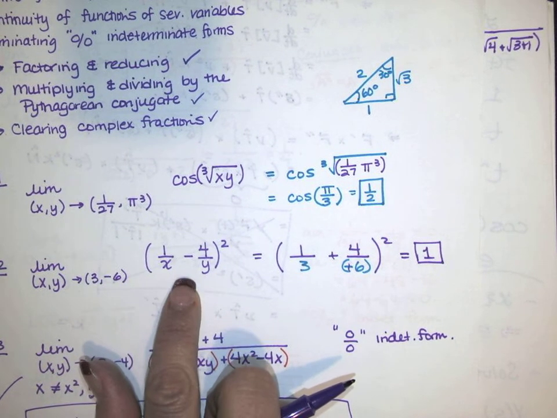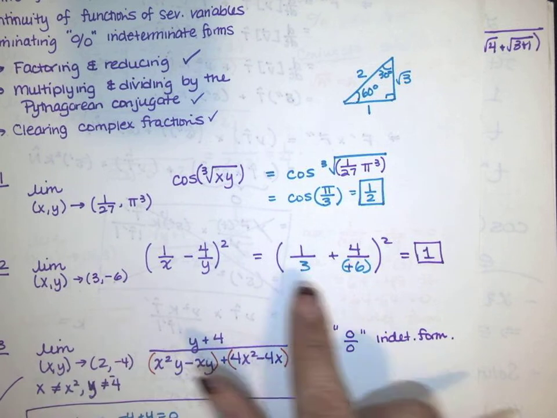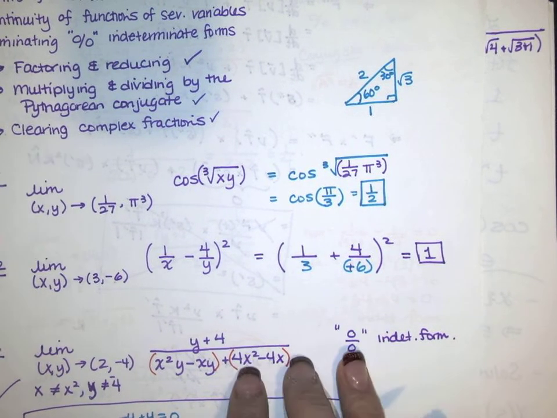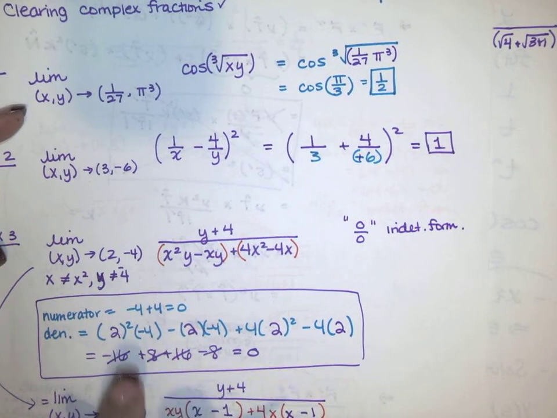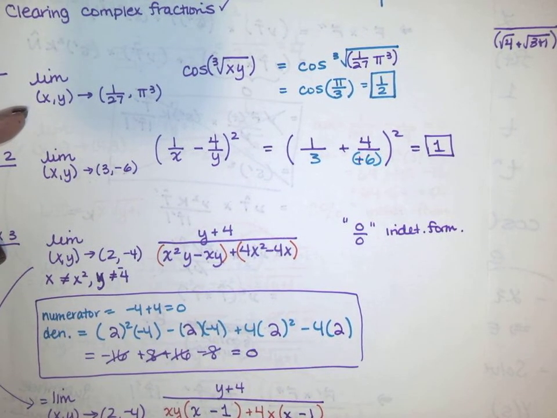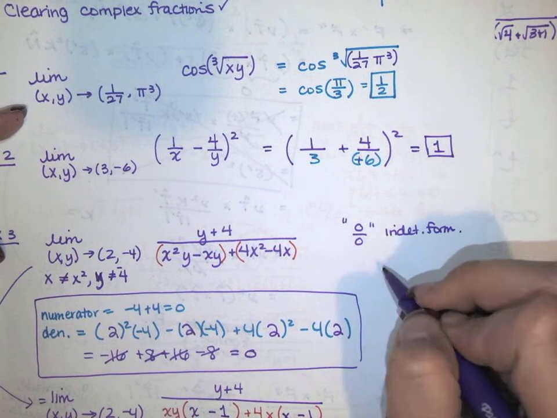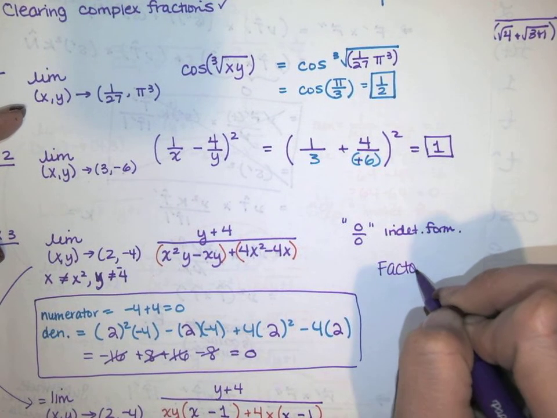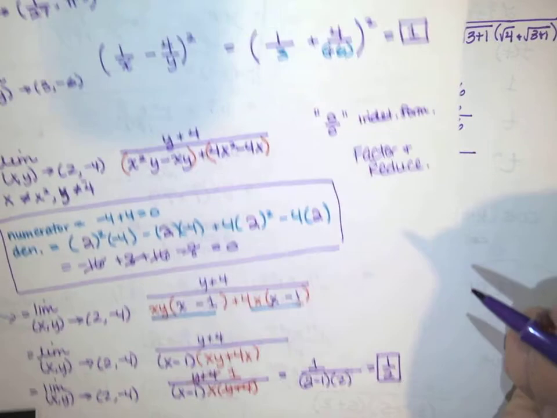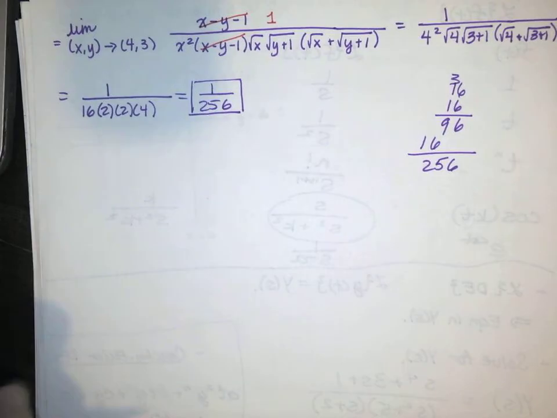This one's also continuous. If I plug in this value, I get the value of the function there, I get 1. Now this one is undefined at this point. We get a 0 over 0 indeterminate form, but we could factor and reduce. That was our first method for getting rid of the 0 over 0. And eventually, we get a 1/2.